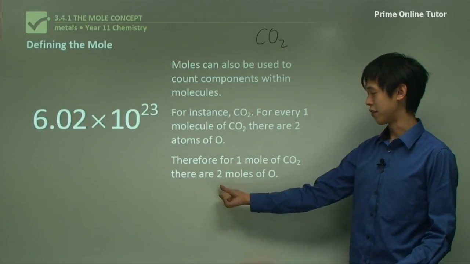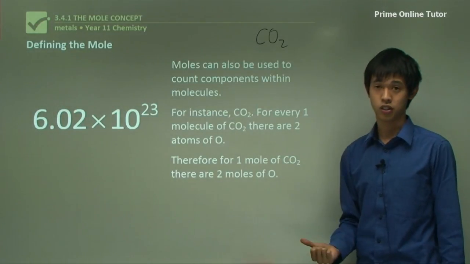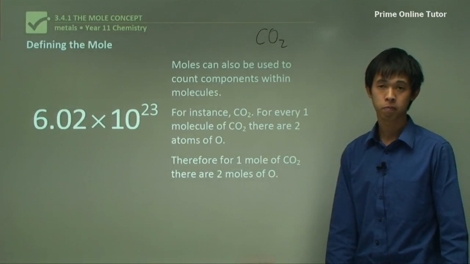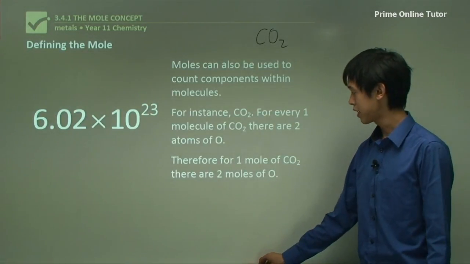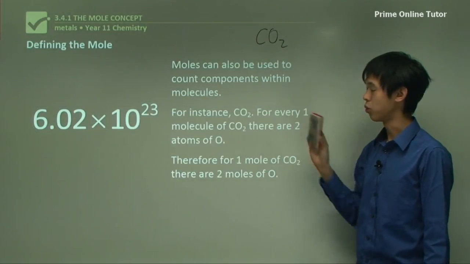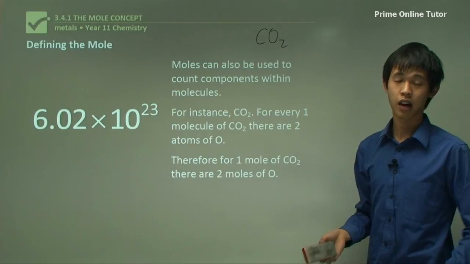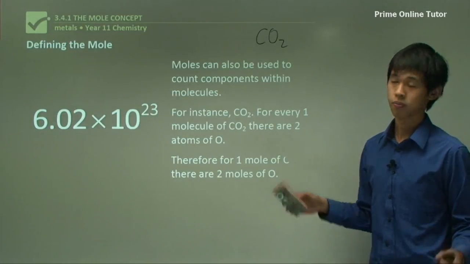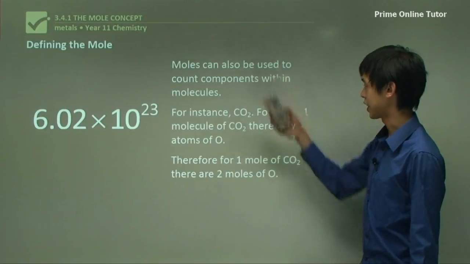So that means that we have 2 moles of oxygen in every 1 mole of carbon dioxide. Okay? So these numbers down the bottom will tell you a lot about how many moles of a particular thing we have in our chemical reaction.